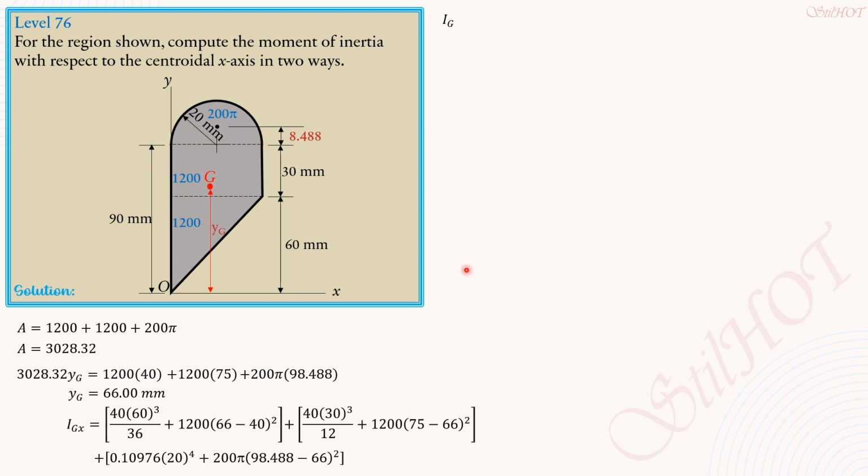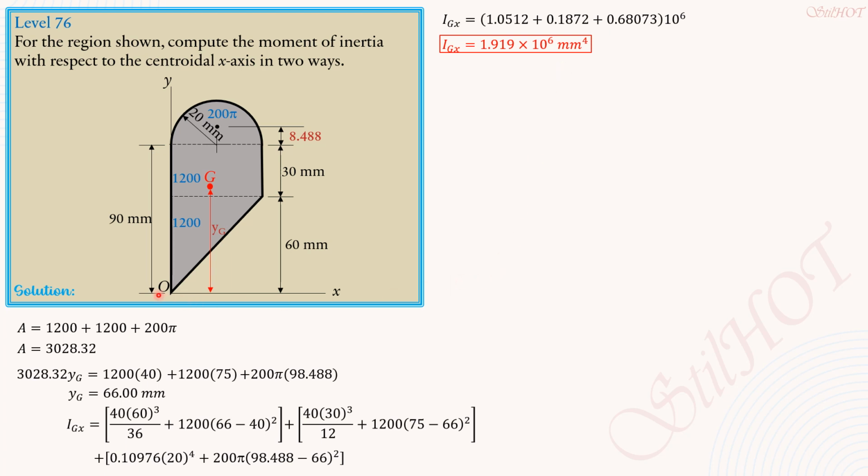So computing individually, Igx is equal to, in scientific notation, 10 to the 6, 1.0512 plus 0.1872 plus 0.68073 times 10 to the 6. So combining, Igx is equal to 1.919 times 10 to the 6 mm to the fourth.